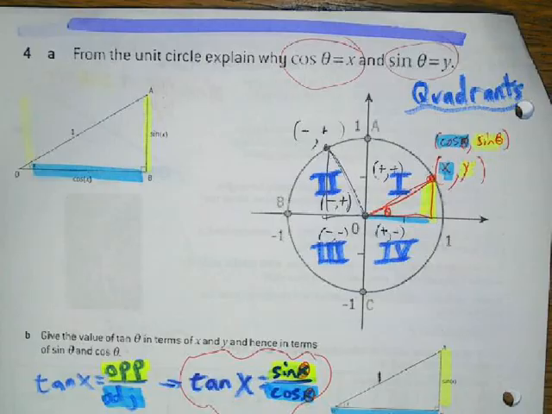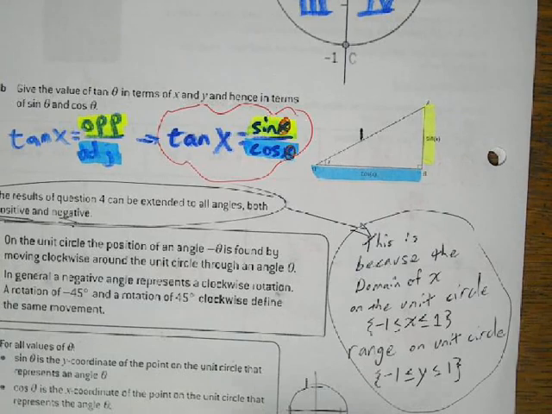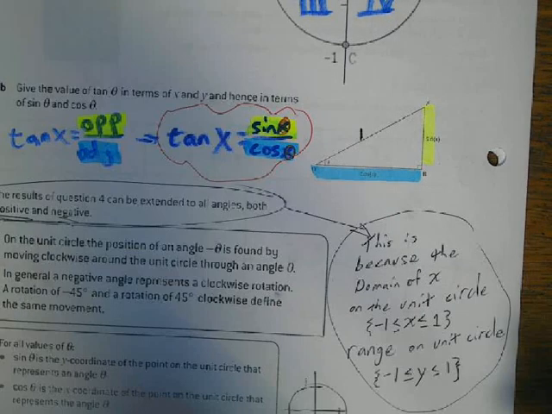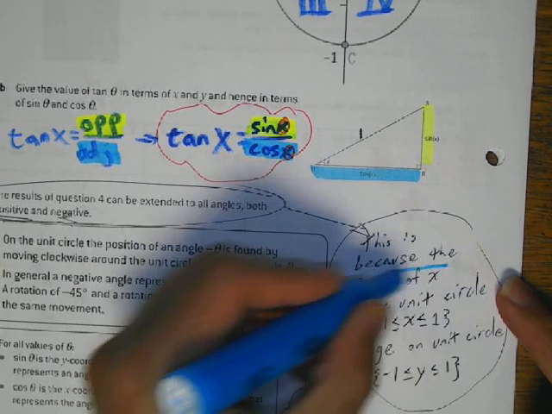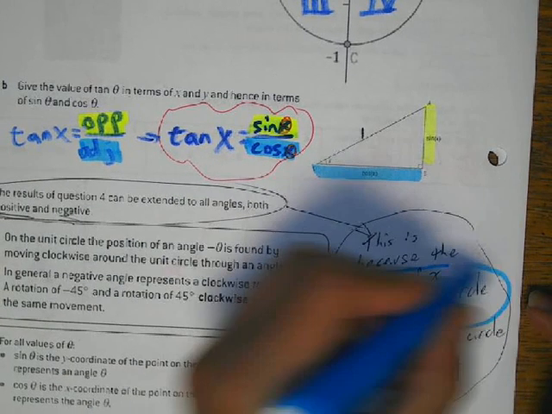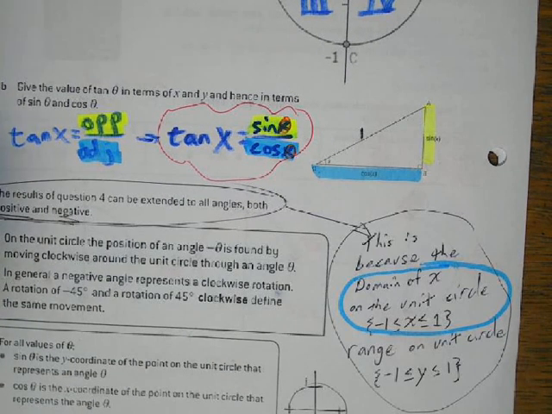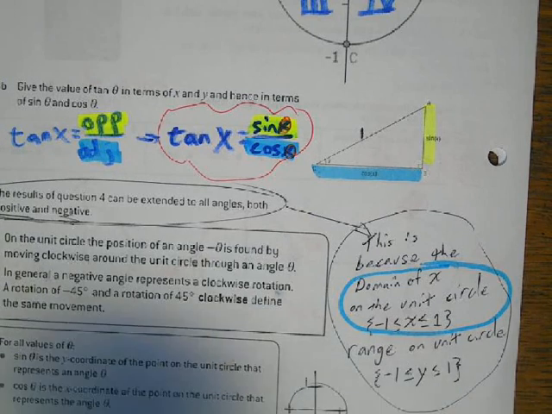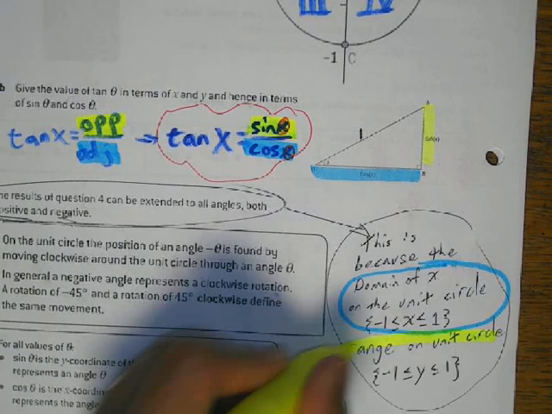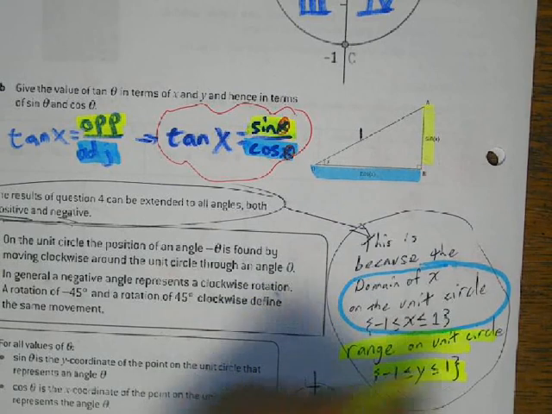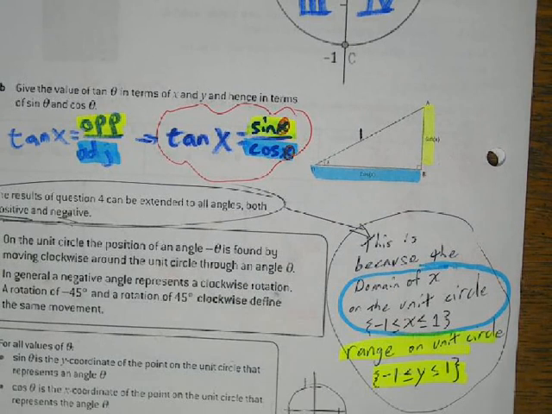So I added this here. I think it's important. So our domain for the x values is between negative 1 and 1. The range for the y values on the unit circle is between negative 1 and 1. Okay, I think you should add this to your notes here.